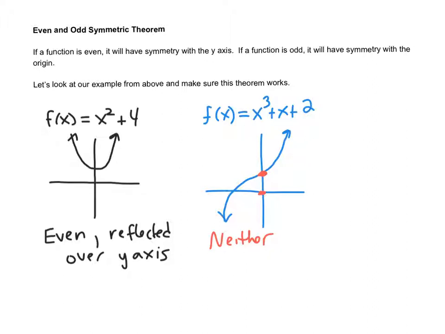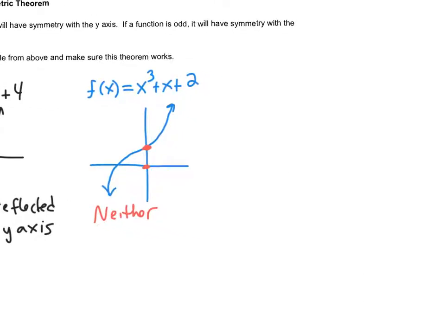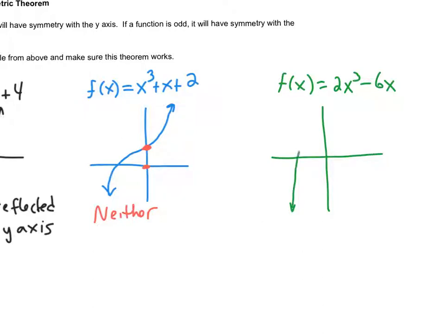Now our final example, which was f of x equals 2x cubed minus 6x. If I graph this one on a graphing utility, I see something that looks like this.